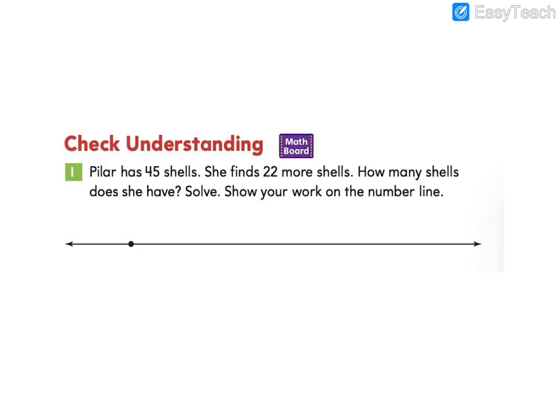Let's look at the check understanding. Pilar has 45 shells. She finds 22 more shells. How many shells does she have? Solve. Show your work on the number line.